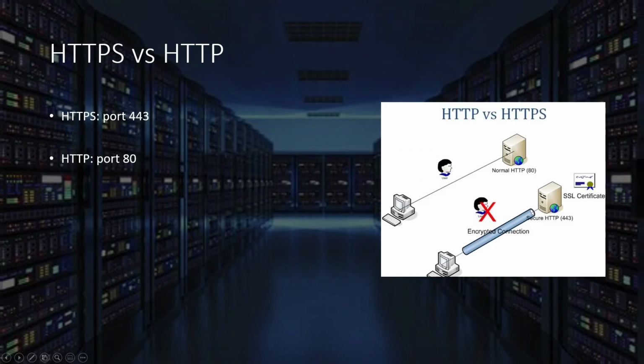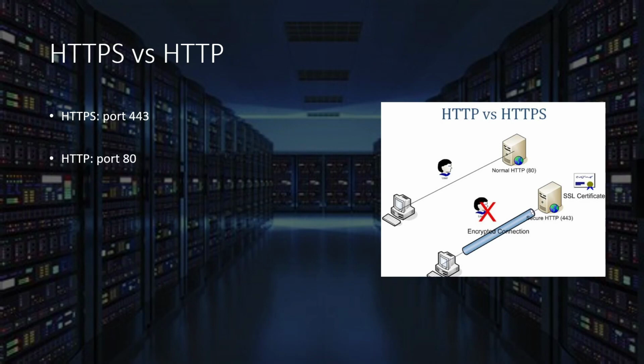So between HTTPS and HTTP, HTTPS is on port 443, and essentially the big difference between HTTP and HTTPS is that extra S, which stands for security. One is an encrypted connection, the other not being encrypted.